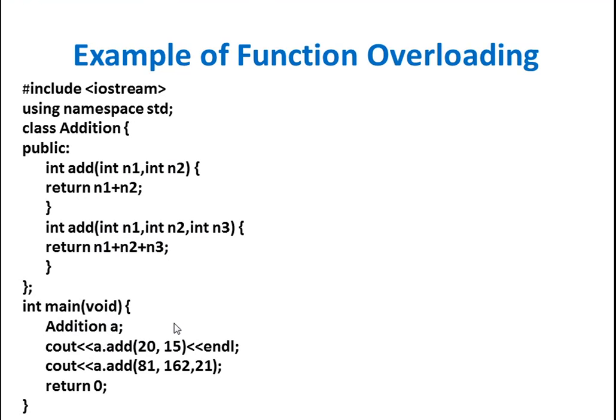When we call this function with the help of the object, at that time the compiler executes this add function, and when we call a.add with 81, 162, 21, because there are three parameters, the compiler calls the other function. So the compiler's confusion is avoided with the same name but different parameters. Based upon the parameters passed, your compiler executes a particular function, and such implementation is called function overloading.